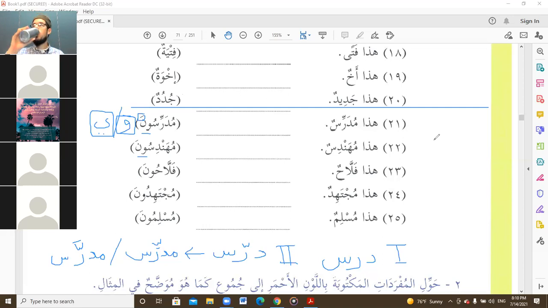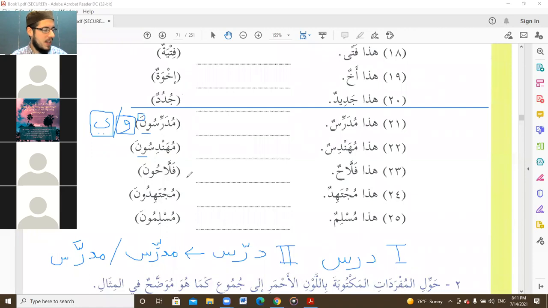هذا فلاح هؤلاء فلاحون. Very good. And in another grammatical case, it would be muhandisin or fallahin. Very good. Fallah, remember, is a farmer. Which I want to look into the etymology of, because falaha, aflaha is to be happy.